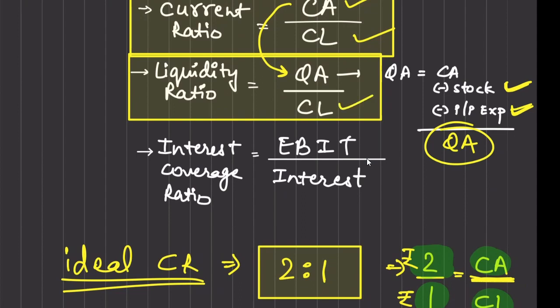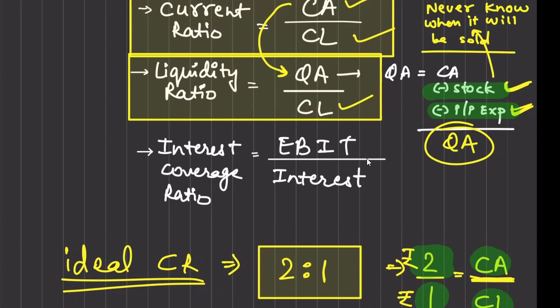So why are they excluding the stock as well as the prepaid expenses? Because, my dear, stock, you never know when it will be sold and when you will get the money.